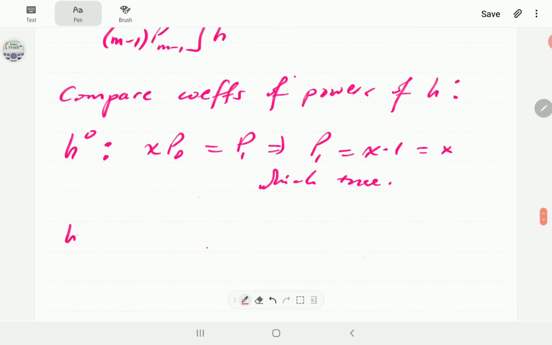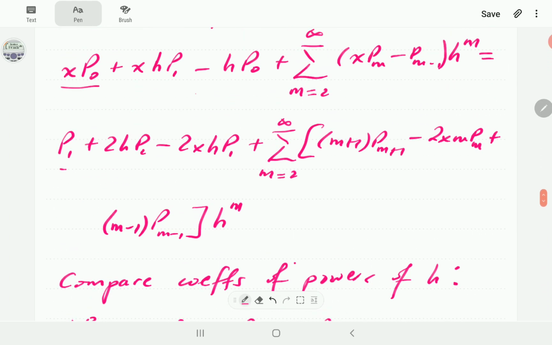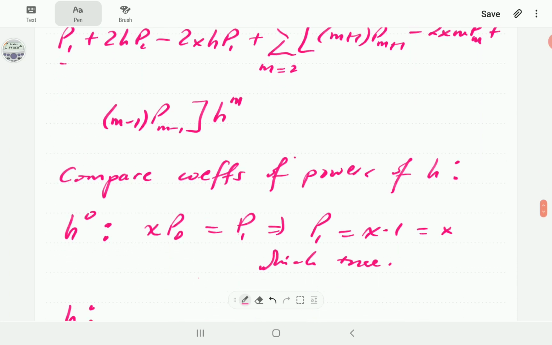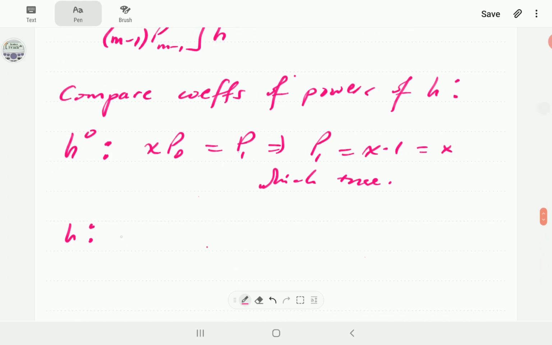Then we go to h to the power 1. There are going to be 2 terms on the left hand side, this one and this one. I'm just looking for the coefficient of h. So we've got x p_1 minus p_0 on the left hand side.